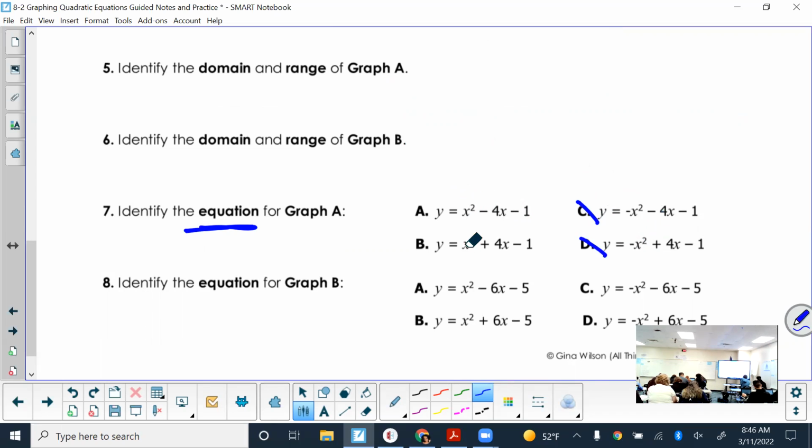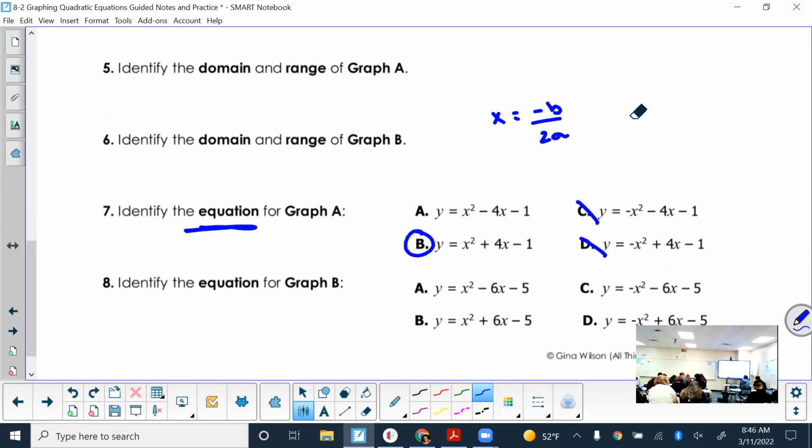So then between these two, I could use Desmos, or I could test the axis of symmetry. Which one is the correct graph? It is not A. It is B. Right? Because remember, it's -b over 2a.